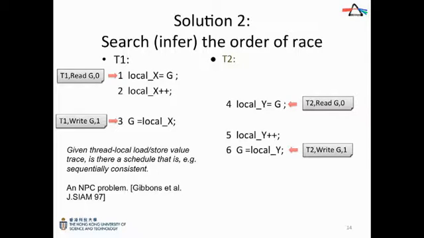Here, I want to illustrate another solution that solves the problem, in which we do not use any synchronization, but instead record the values that we read or write for each of the shared variables. Okay? So in this case, we can record that T1 reads G and the value is 0, and writes to G, the value is 1.